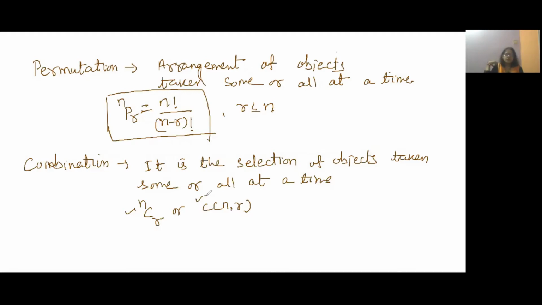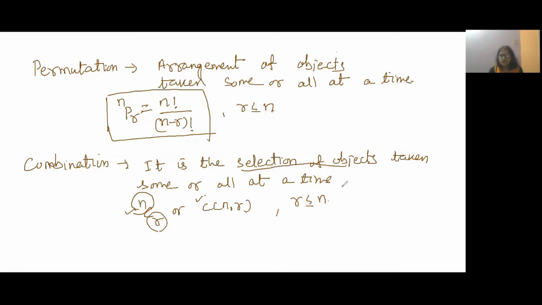So this is combination. Now the next thing is, what is the relationship between combination and permutation? Whenever we say selection of objects, we are selecting the objects. Suppose out of n objects you are selecting r objects, and obviously here r should be less than equal to n. Suppose in the class there are 30 students.